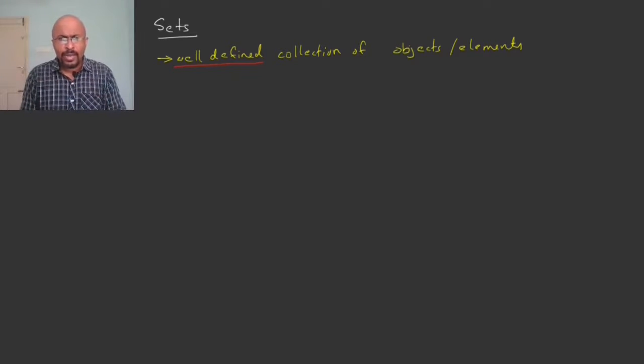So, if we can definitely decide whether a particular object belongs to the collection or not, then that type of collection of objects or elements is called a set. We already discussed an example, that is a collection of vowels in the English alphabet.